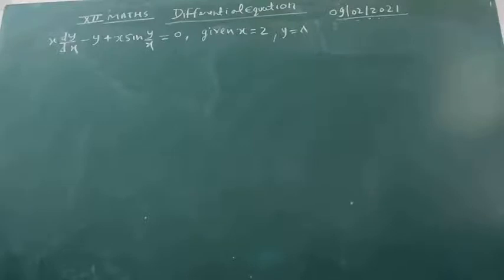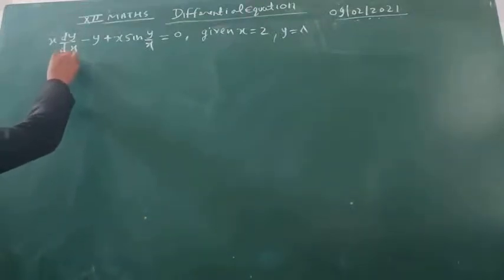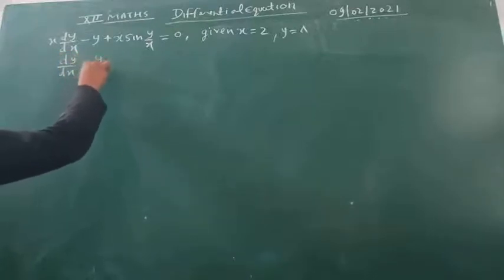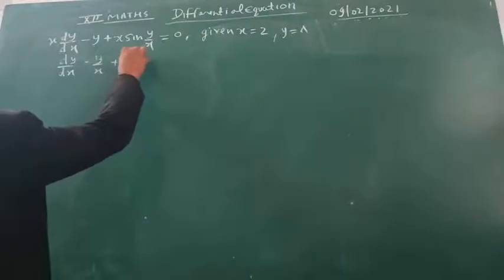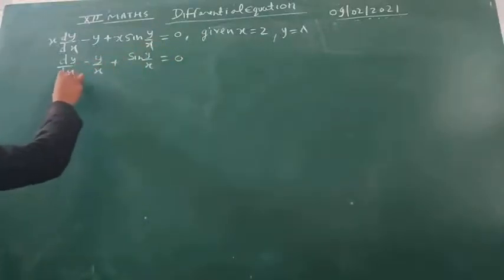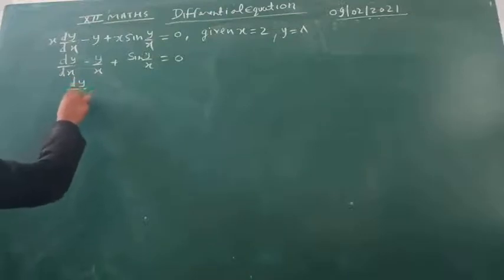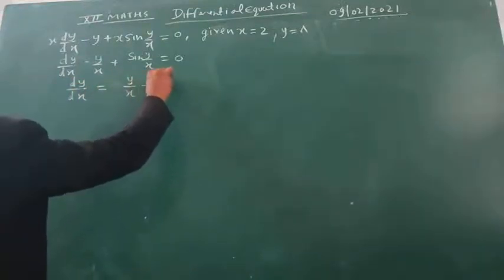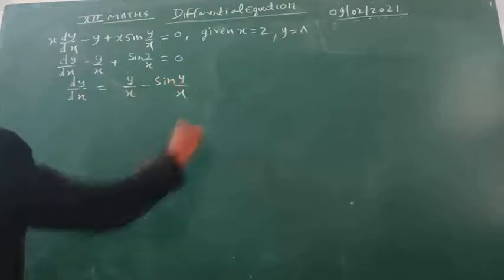So first of all students, we check which type of form this is. We divide by x and we get dy by dx minus y by x plus sin y by x is equal to 0, and this we can write as y by x minus sin y by x.